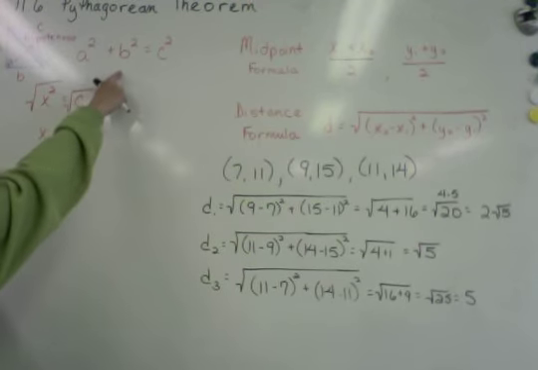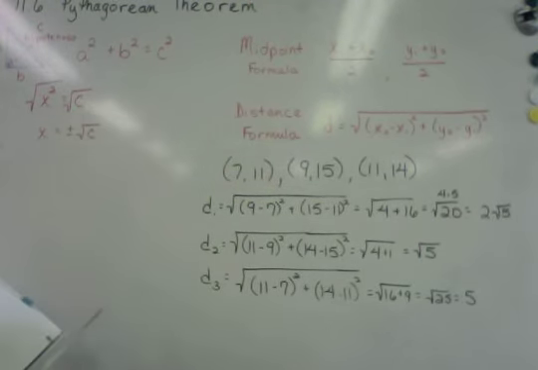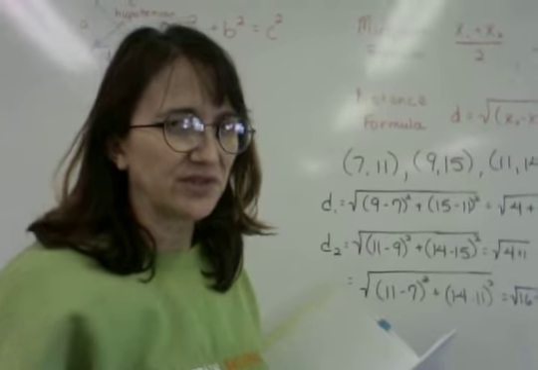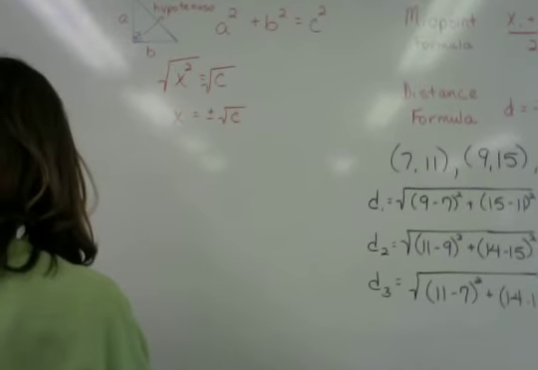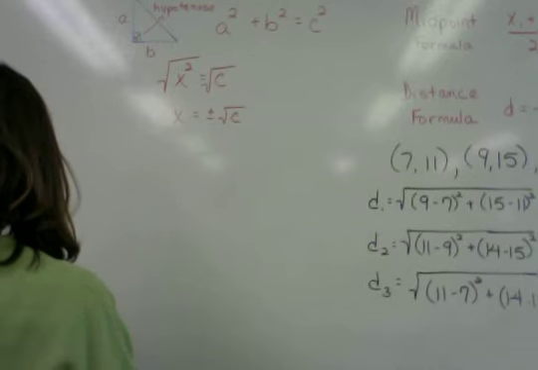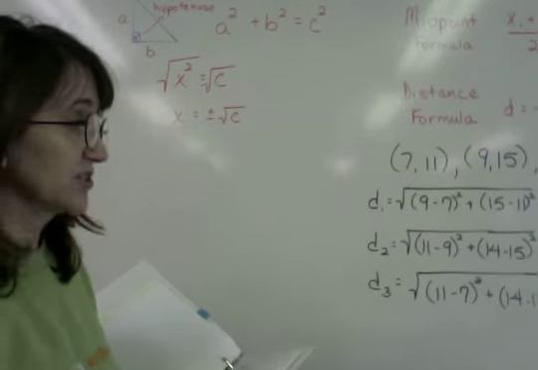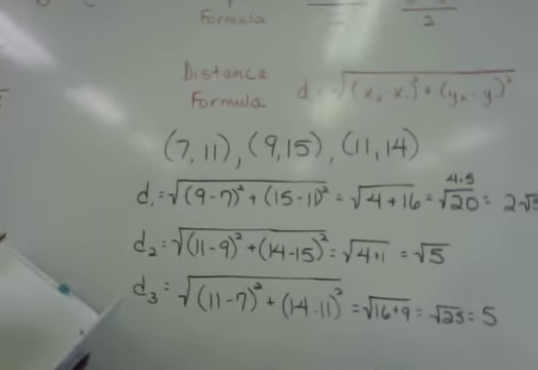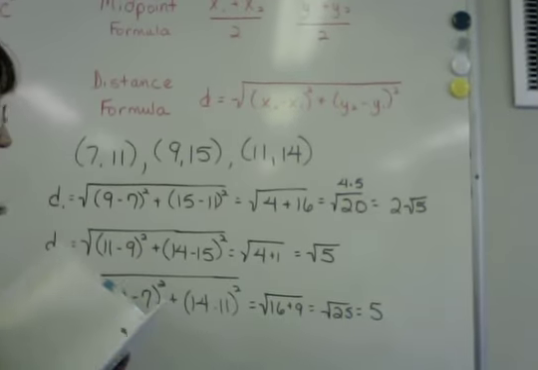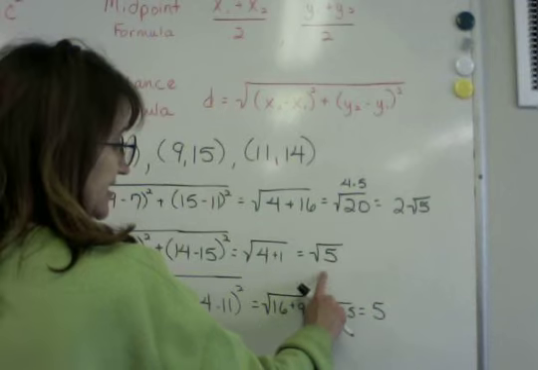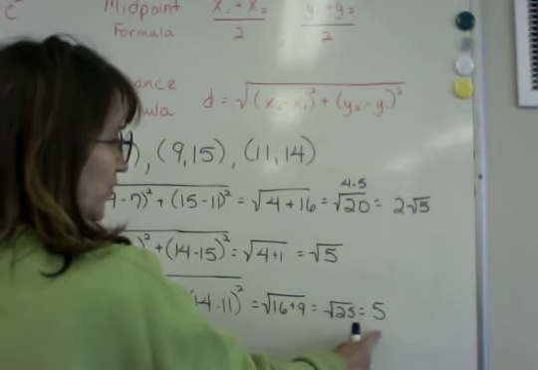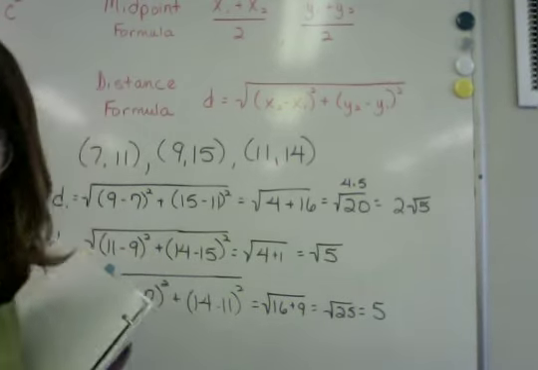A squared plus B squared equals C squared. So I'm just going to stick it into that Pythagorean theorem. On my first one, I can just show you right here. We're going to add this to this and see if it becomes the square of that. So let's see, all right?